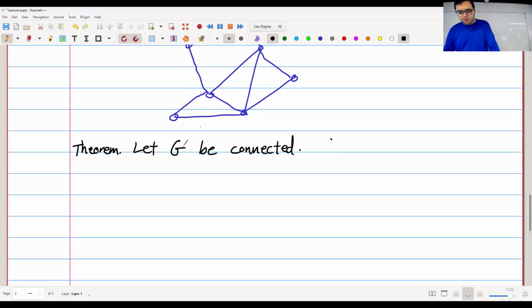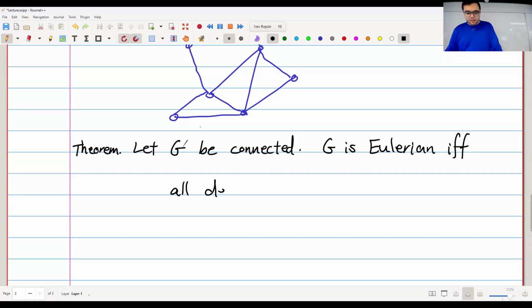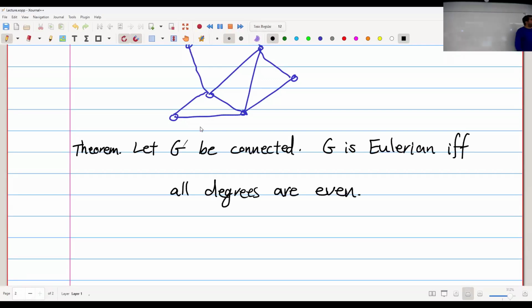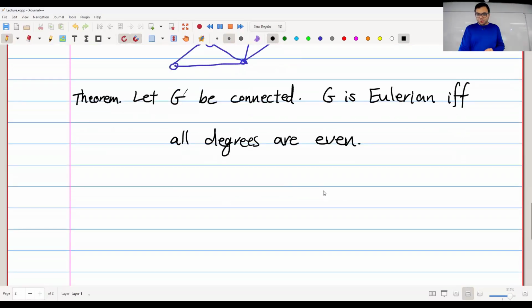I want you to prove that G is Eulerian if and only if all of the degrees of the vertices are even. So again, this is an if and only if statement. So we have to prove both sides.